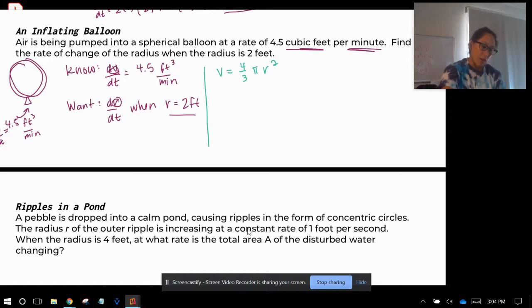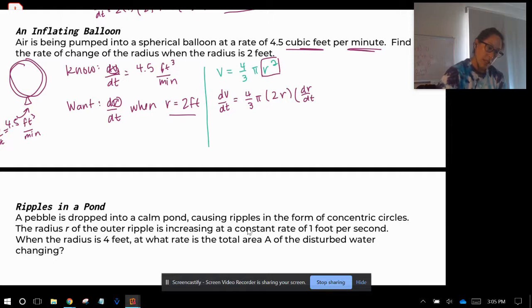Since I want the rate of r, I'm going to have to make sure I take the derivative. So I'm going to do dV/dt for V, and then r is the only variable here. So I'm going to bring down, I have 4/3 pi times 2r times dr/dt.